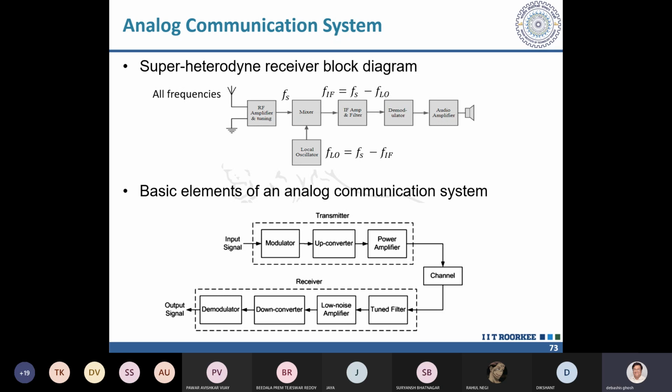Now what I do, I use a local oscillator, and the local oscillator frequency I will adjust. Both of them will be tuned together. So I have to do the tuning of this RF amplifier along with the local oscillator. And the local oscillator frequency will be selected as FS minus FIF. This FIF is fixed. So whichever channel I am trying to receive, accordingly the LO will also be selected.